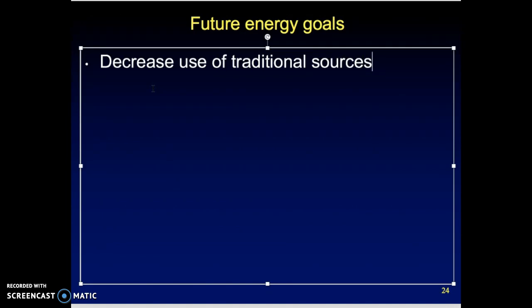Big one: decrease our use of traditional sources. How can we avoid relying so much on fossil fuels? They are going to run out. They're not renewable. They're environmentally damaging big time. There's all the negatives. But what else do we have? That's what people need to continue to explore.